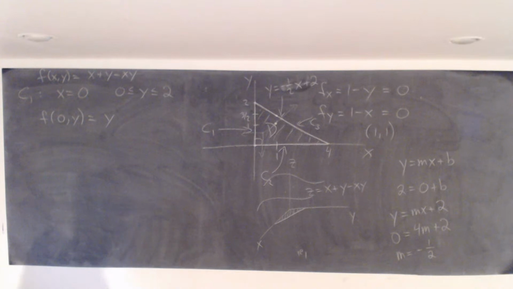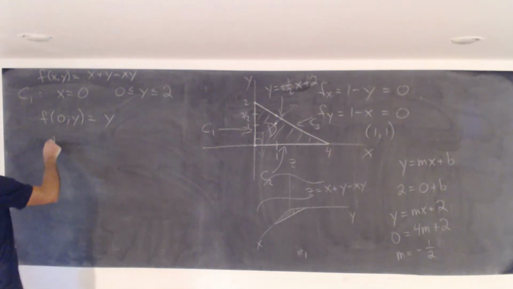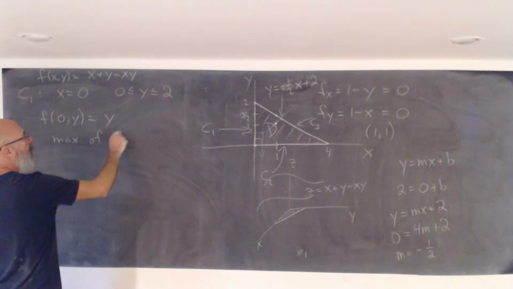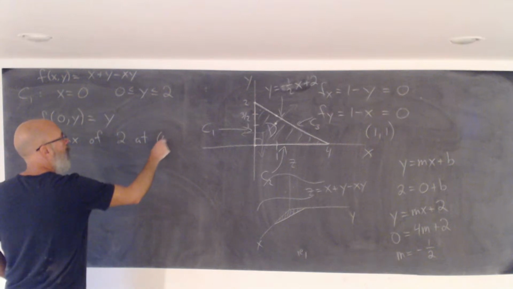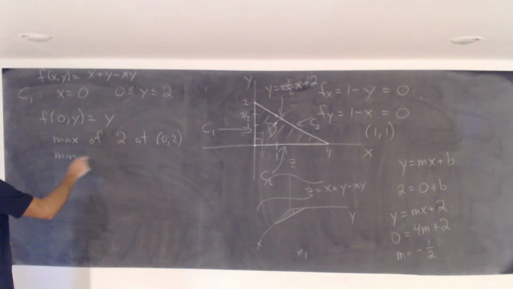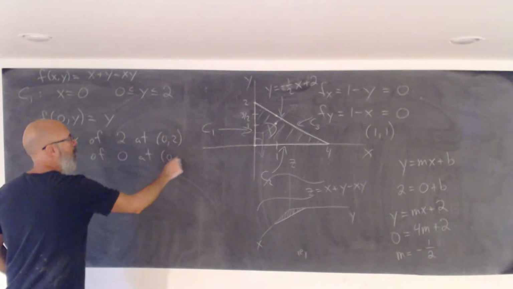So we have a maximum of 2 at the point (0, 2), and a minimum of 0 at the point (0, 0).